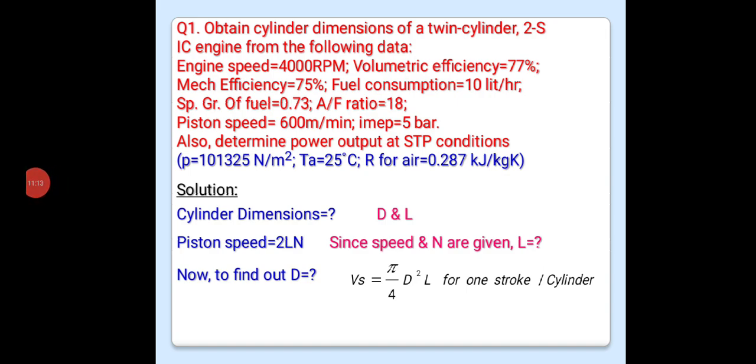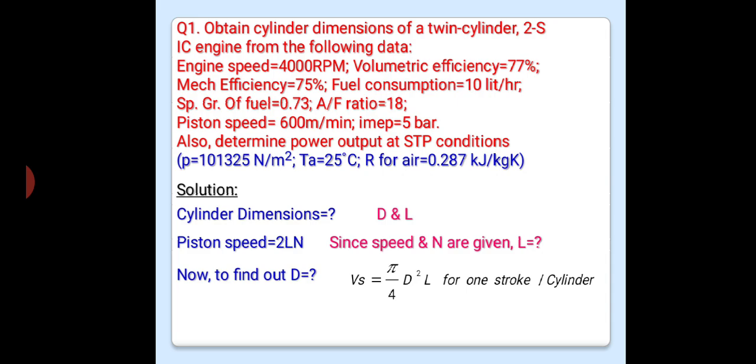Now we are going to discuss one problem. Obtain cylinder dimension of two-cylinder two-stroke IC engine from the following data. Engine speed 4000 rpm, volumetric efficiency 77%, mechanical efficiency 75%, fuel consumption 10 liter per hour, specific gravity of fuel 0.73, air fuel ratio 18, piston speed 600 meter per minute, IMEP 5 bar.